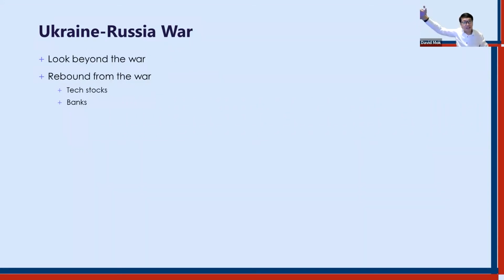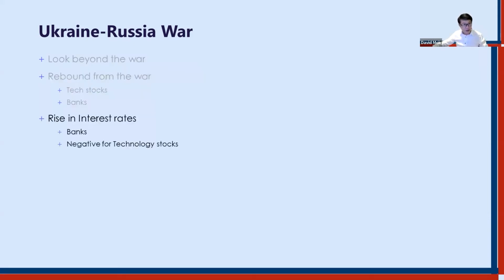Therefore, when they discount back to present value, it may not be as high as one thinks, and therefore tech stocks pull back. Likewise banks, which is a different story. People are worried about banks' exposure to Russia, so they pull back down. So those are stocks you can buy on a rebound.